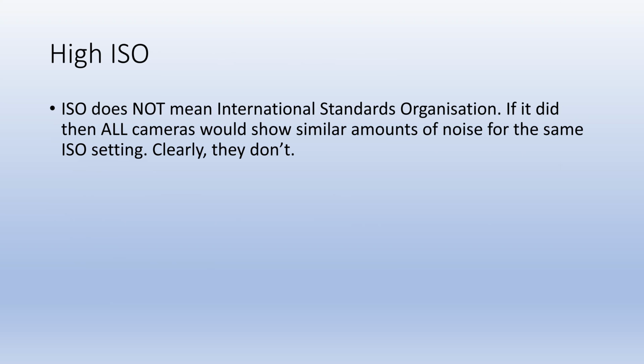So if it meant the International Standards Organization, then they would be the same. The official meaning for ISO comes from the Greek word isos, which means equivalent to. But the unofficial one, which I think is perhaps more accurate, is that it stands for increasingly shitty outcome.